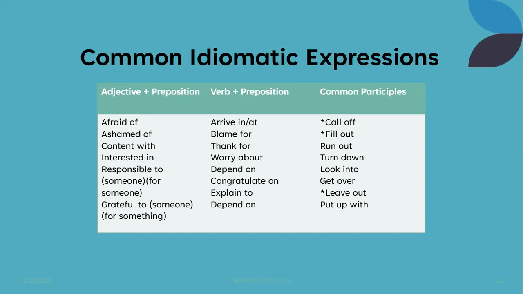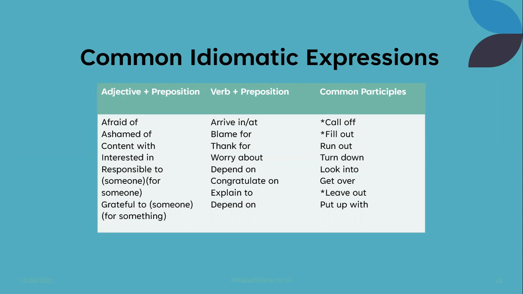If the verb is separable, the direct object can also follow the preposition if it is a noun. Example, I filled out the form. If the direct object is a pronoun, however, it must appear between the verb and preposition. I filled it out. So there under the common participles section, we have some participles that have asterisks.